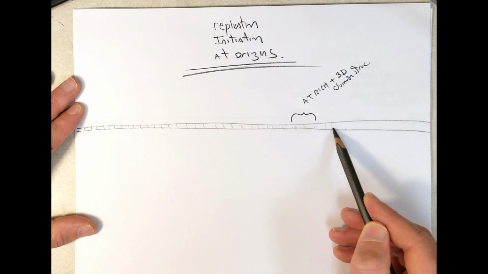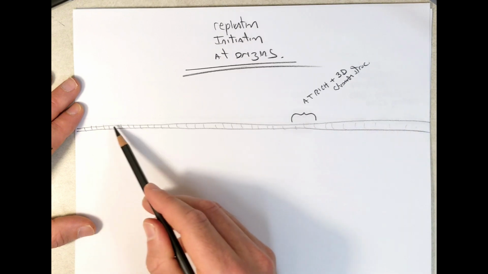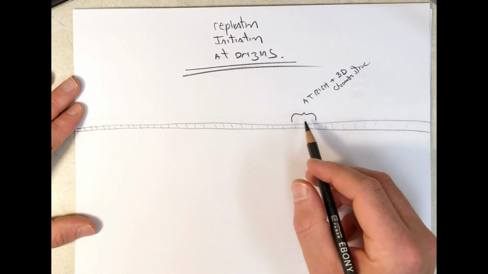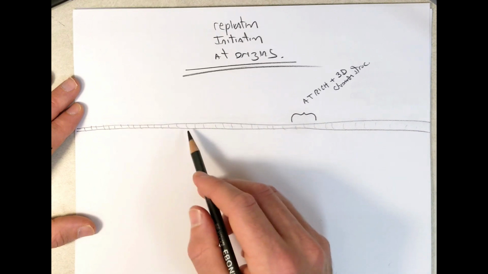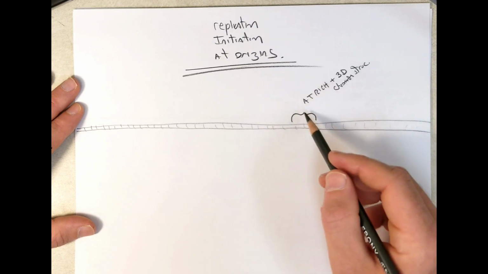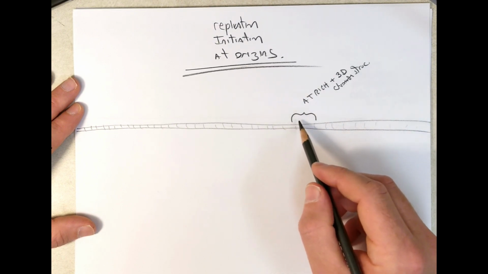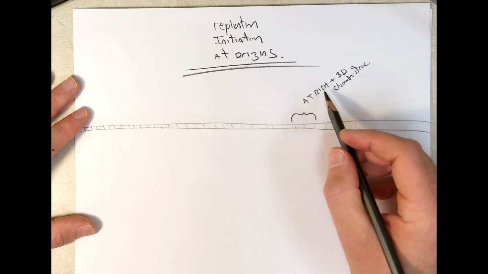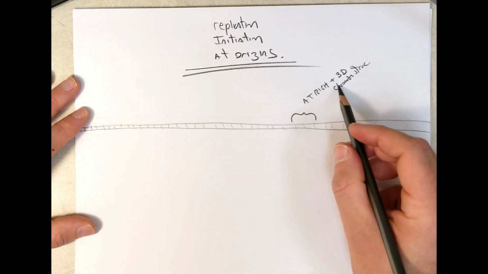These are the hydrogen bonds here, and actually this origin should be much longer than this, right? But let's just focus in on this area right here. Let's say this is AT rich.